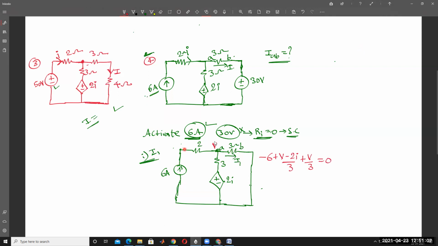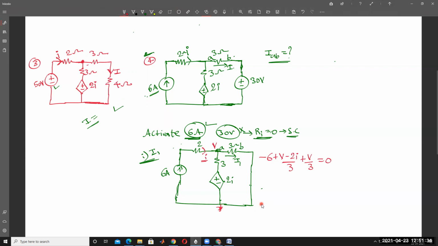And this is the ground. So this current I depends on this branch I.